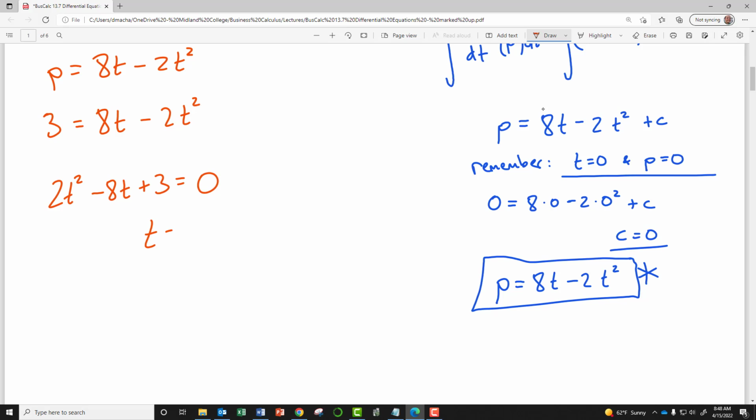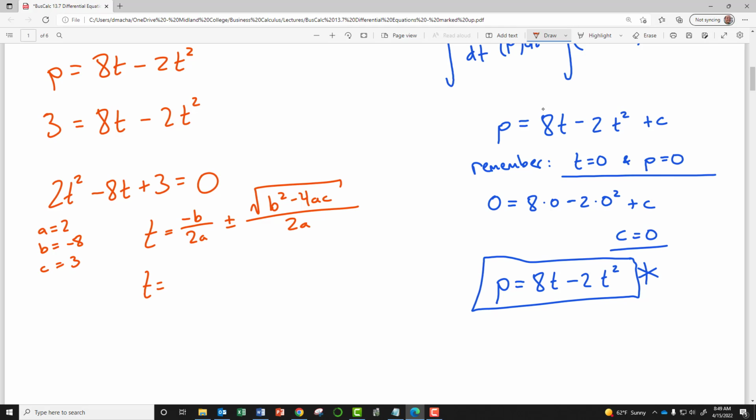And so the quadratic formula tells me that my solutions are going to be negative b over 2a plus or minus the square root of b squared minus 4ac, all divided by 2a. And here, notice my a coefficient is 2 in this quadratic, b will be negative 8, and c is going to be 3.